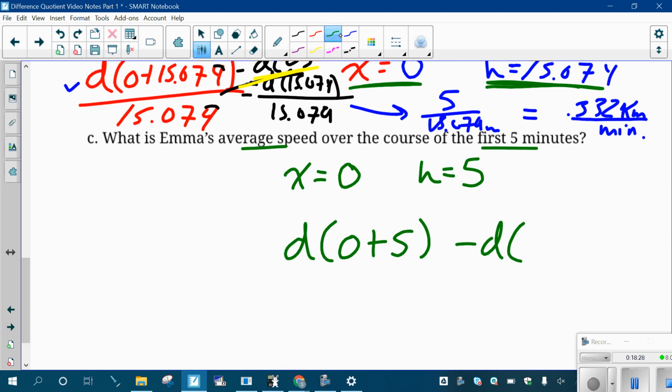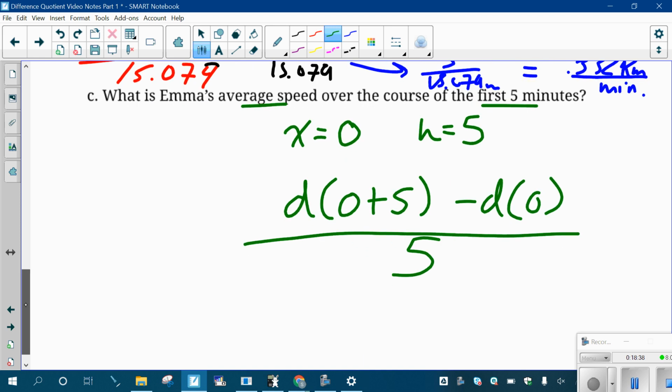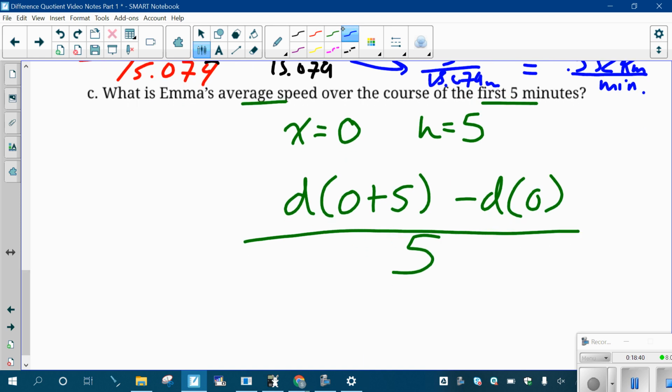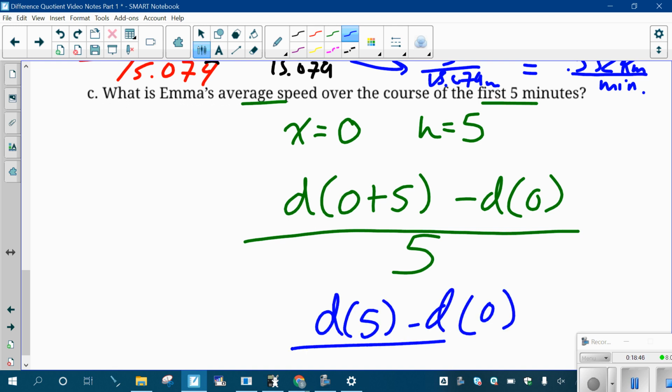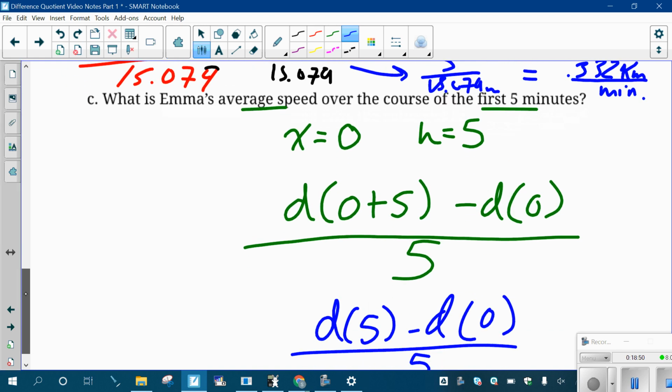So d of x plus h minus d of x all over h. Here is my slope calculation using the difference quotient. You with me, guys? So I'm going to simplify. I got d of 5 minus d of 0 all over 5. Again, this d function is telling you the distance after a certain amount of time.